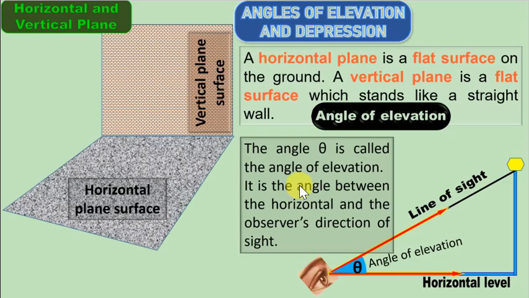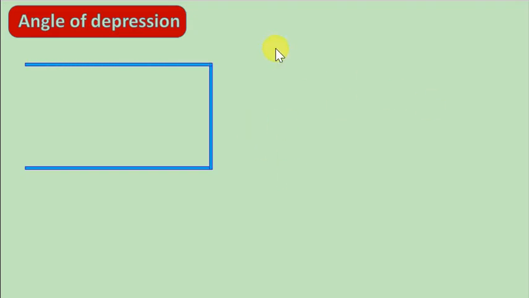Now, having defined the angle of elevation, we are going to go straight to define the angle of depression. So we have the same diagram, but the difference here now is that we will not be looking up to see the object above, but now we will be looking down to see the object below. So now the object is at this end.